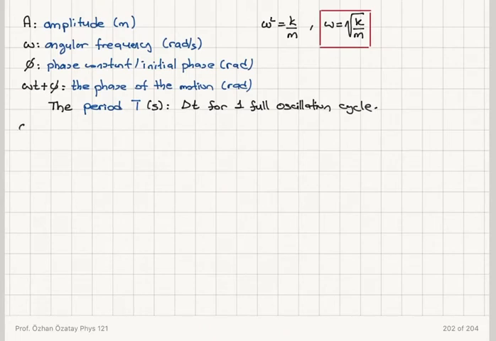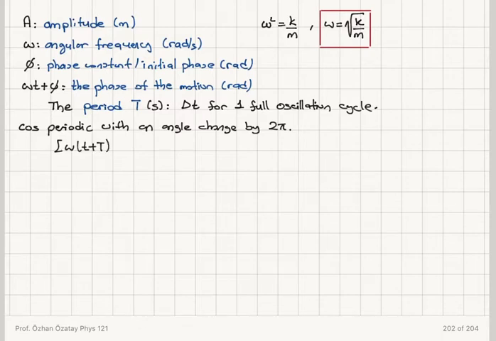Well, I look at the phase of the motion. So how much change in the angle does it take for cosine to repeat itself? Cosine function is periodic with 2 pi, an angle change of 2 pi.